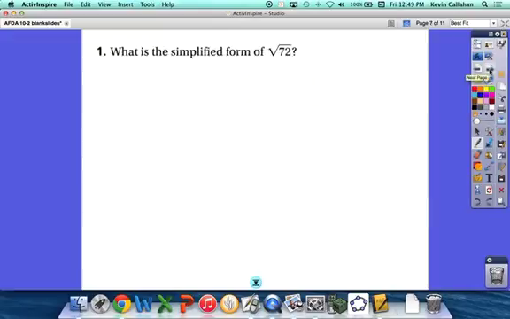How about 72? Any factors of 72 that are perfect squares? 9 is a perfect square. Okay, so what happens if I do 9 times 8? That'll give me 3 times the square root of 8. Then you have to ask yourself, can you simplify the square root of 8?